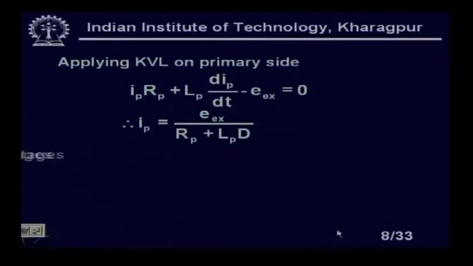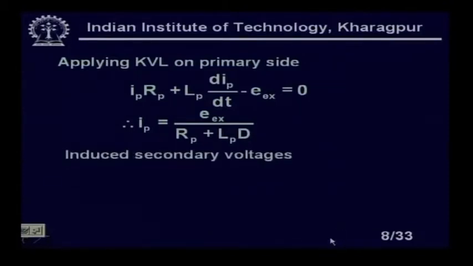Now, applying KVL, if I take the equivalent circuit, on the primary side I can write Ip Rp plus Lp dIp by dt minus Ex equal to 0, and Ip equal to Ex over Rp plus Lp d by dt.